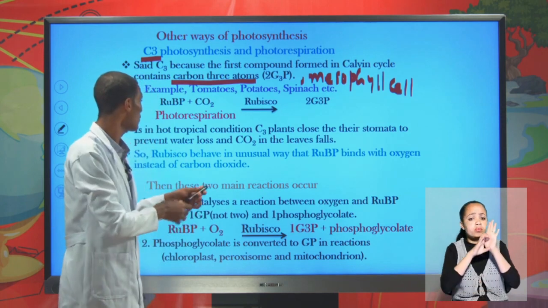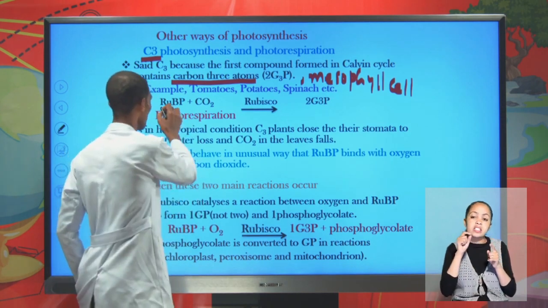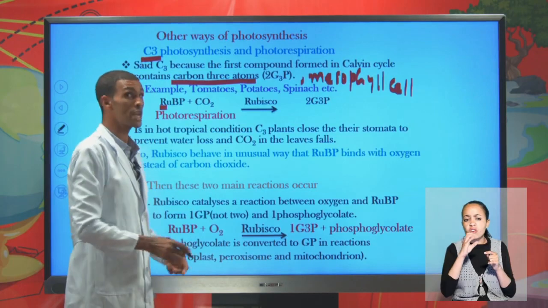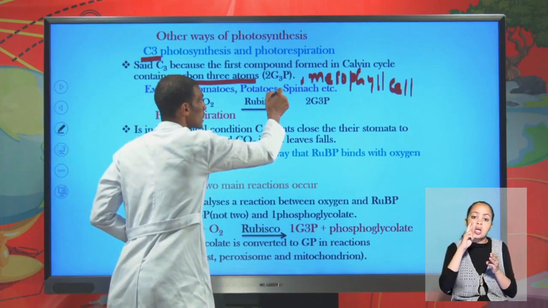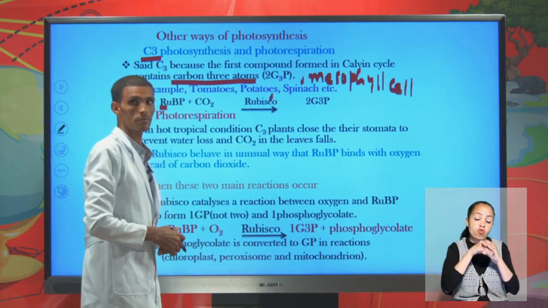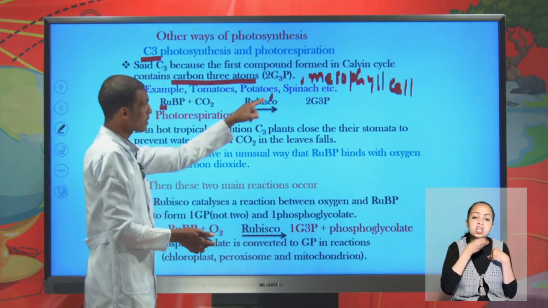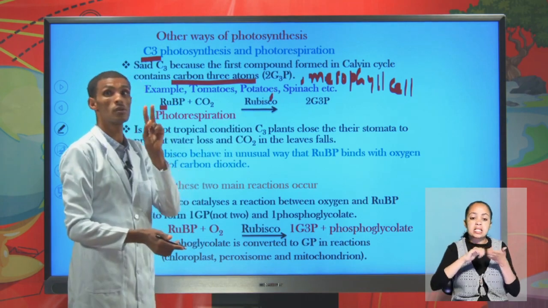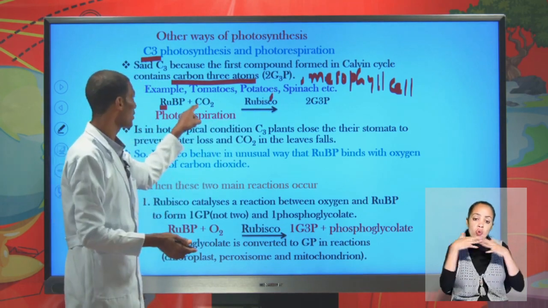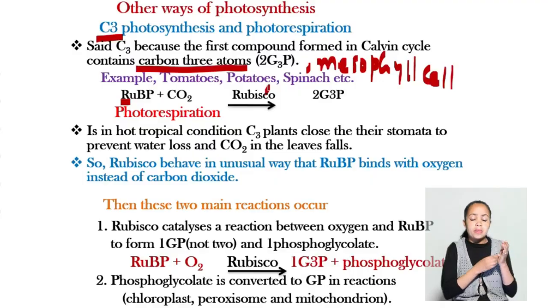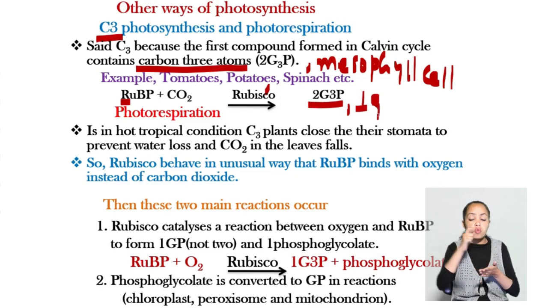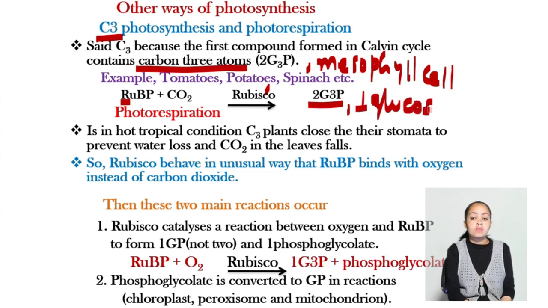There is fixation of carbon dioxide here. Ribulose bisphosphate binds with carbon dioxide. In this case, ribulose bisphosphate carboxylase is involved, not oxygenase, because it is an enzyme that catalyzes two reactions: reaction with carbon dioxide and reaction with oxygen. The compound formed here is 2 glyceraldehyde 3-phosphate, which is equivalent to production of 1 glucose molecule.